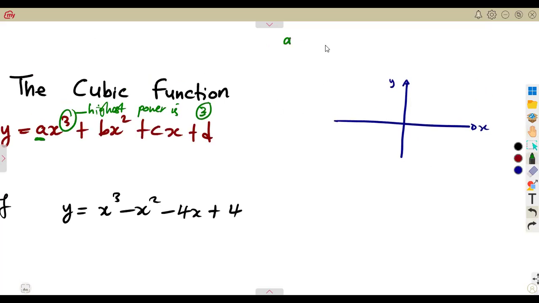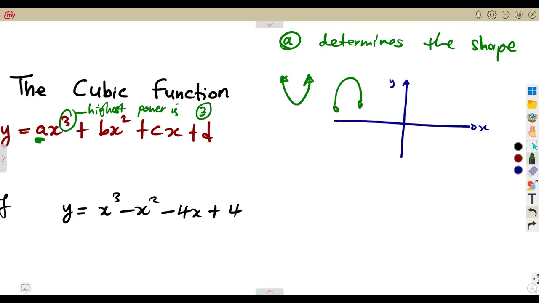Let me just write here: a determines the shape. We saw this also on a parabola, where a was determining the shape. When a is positive, we have a smiley shape. When a is negative, we have a sad shape. That was the part of our a.